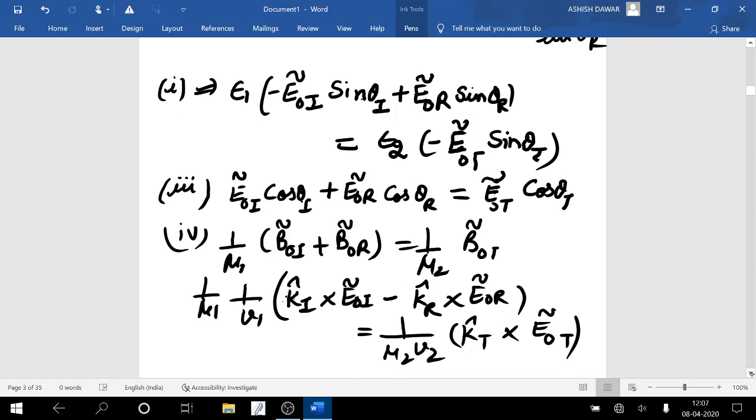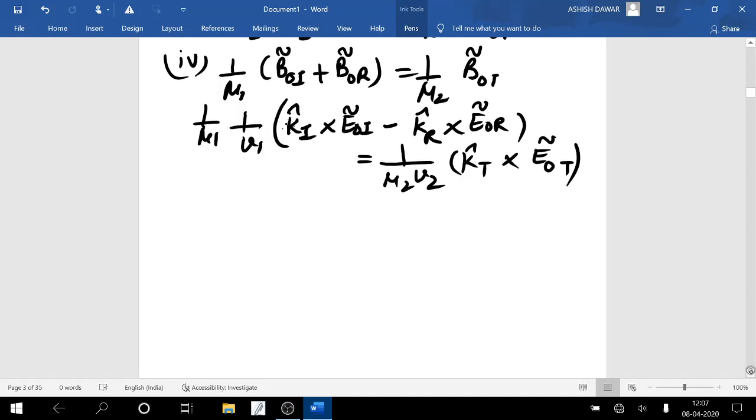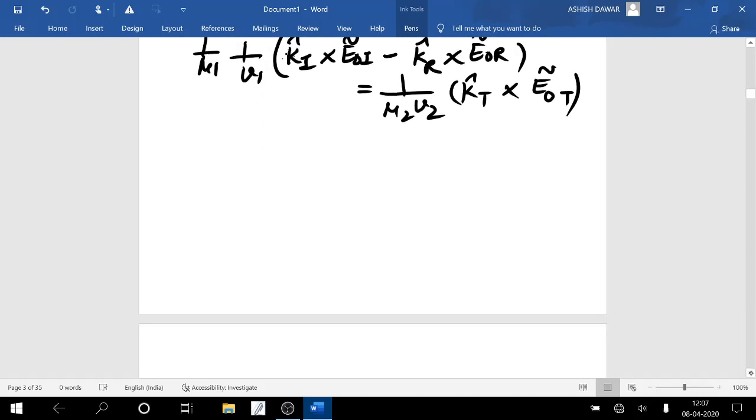These are the equations we get after putting the values of the components of fields on the two sides.